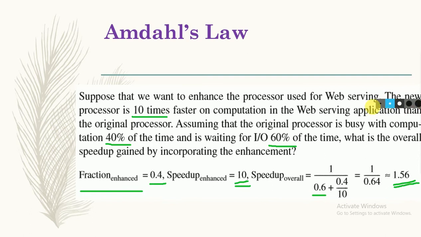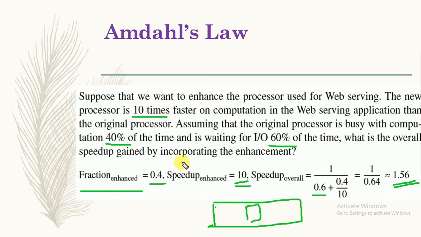So the new processor is actually 10 times faster. Enhancement is added to the processor. That is, 40% of the time it is utilizing the CPU, and that CPU is enhanced 10 times.